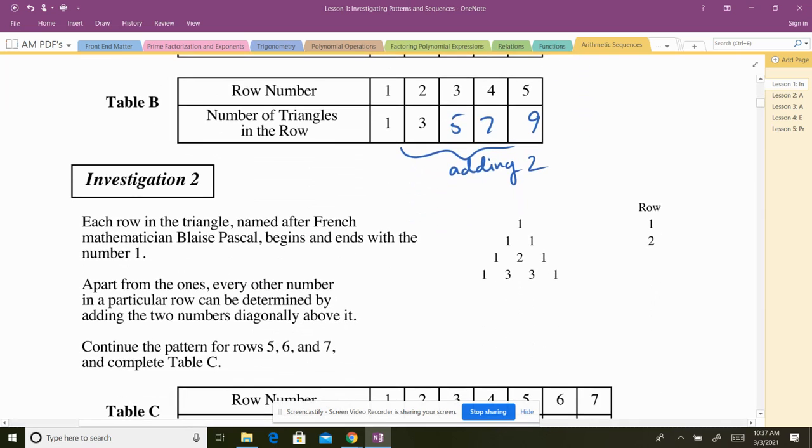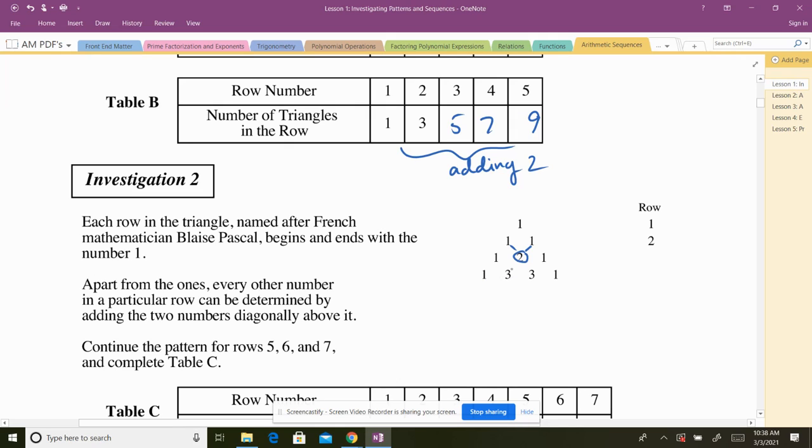For example, there's a famous one called Pascal's triangle, and it looks like this. If you start with 1, the next row has 1 and 1. Then, to get this number right here, you add the 2 numbers above it. 1 plus 1 gives you 2. 1s are always down the side.